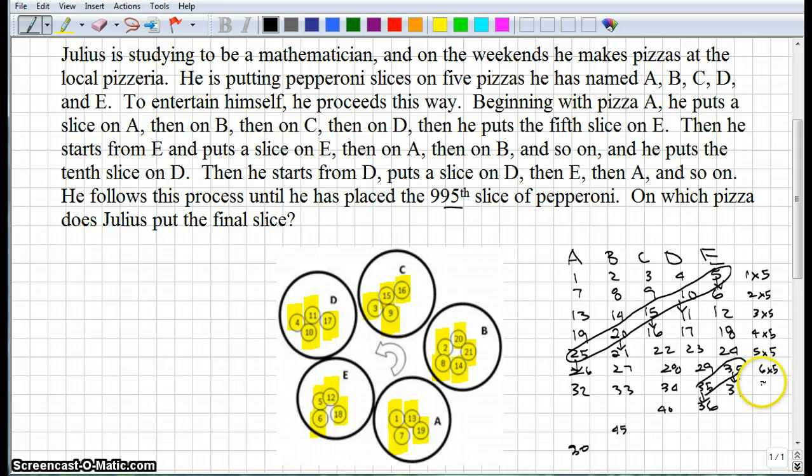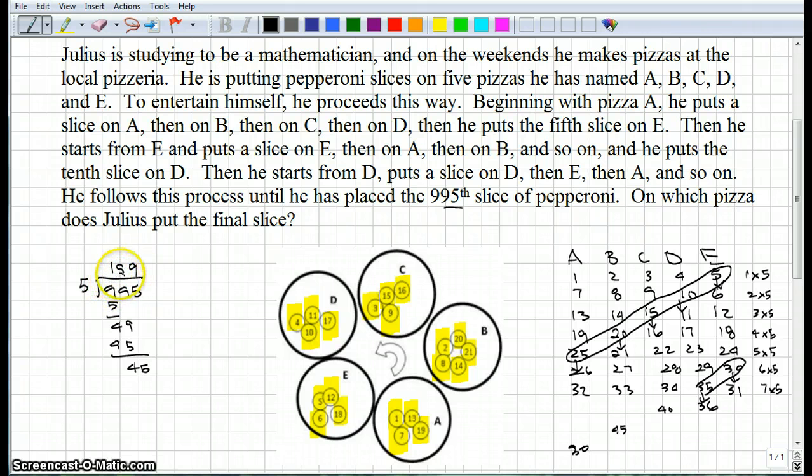So let's figure out what multiple of 5 it is. Let's divide 5 into 995, and so we get what? 5, 49, 945. Okay, so we have 199.